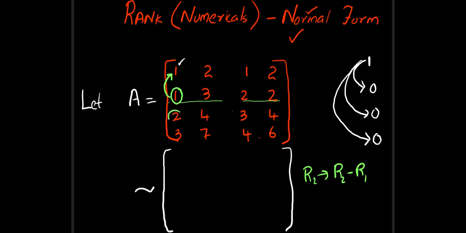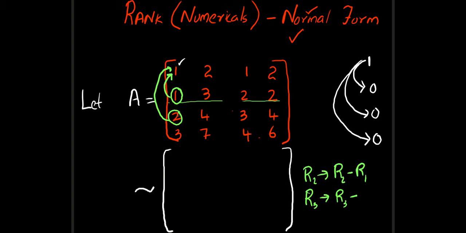Now I'll focus here and this one. So it's obvious R3 changes to R3 minus, so 2 minus 2 into 1. My logic is very simple: 2 minus 2 into 1 will give me 0 over here.